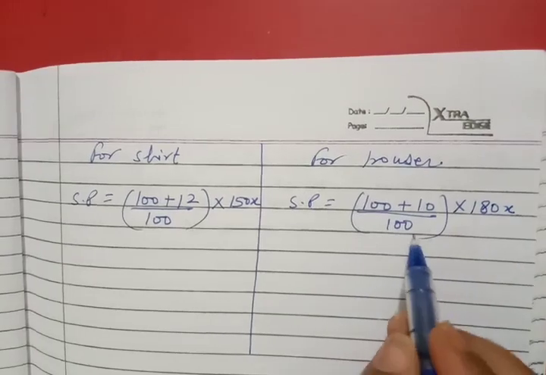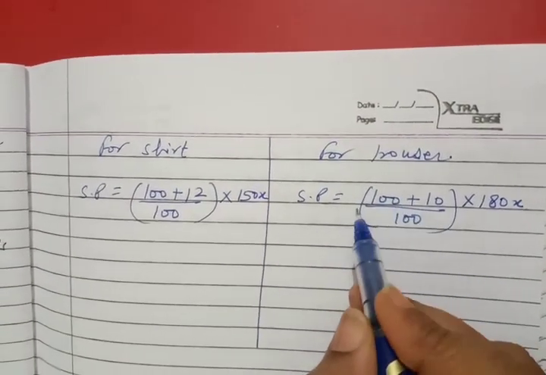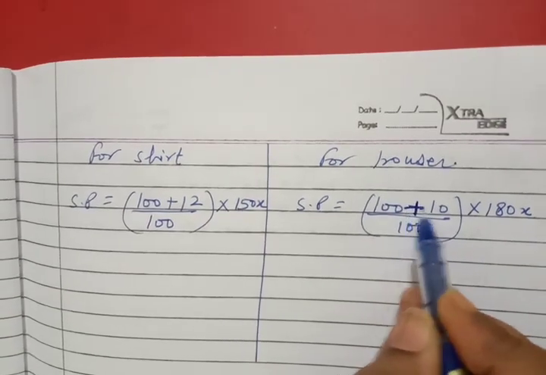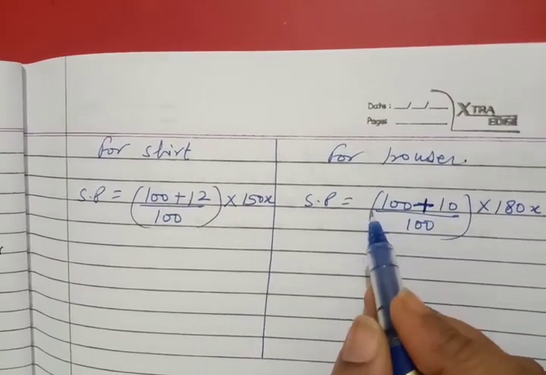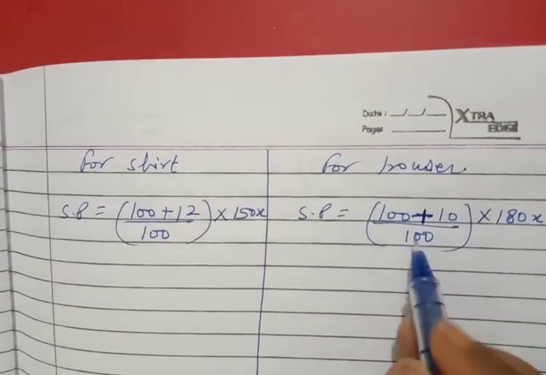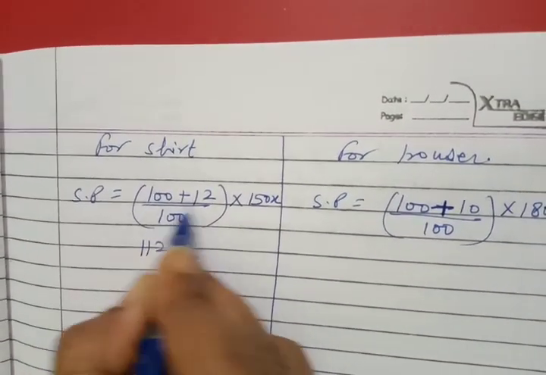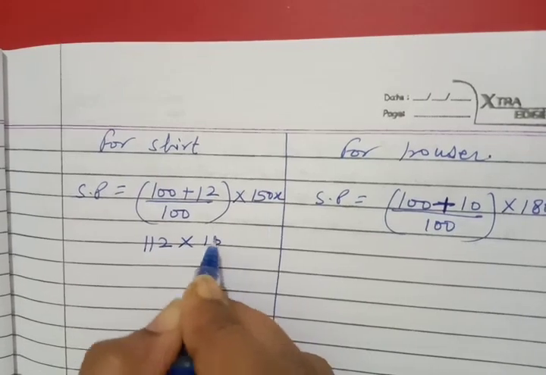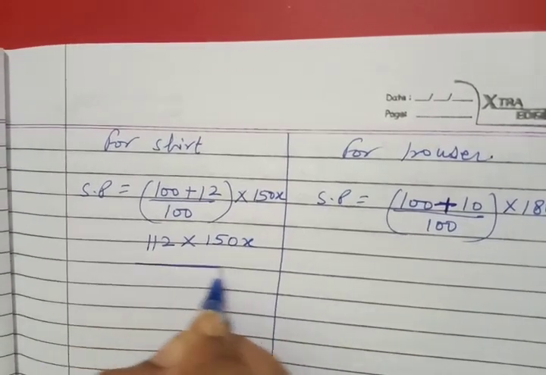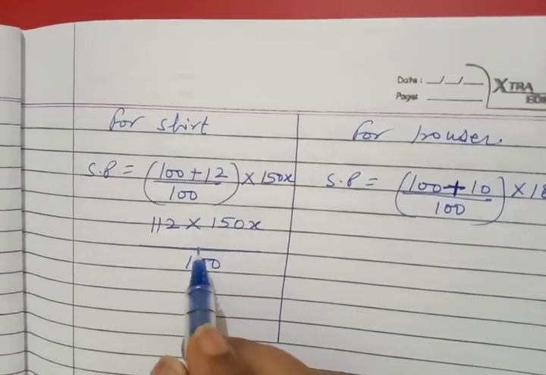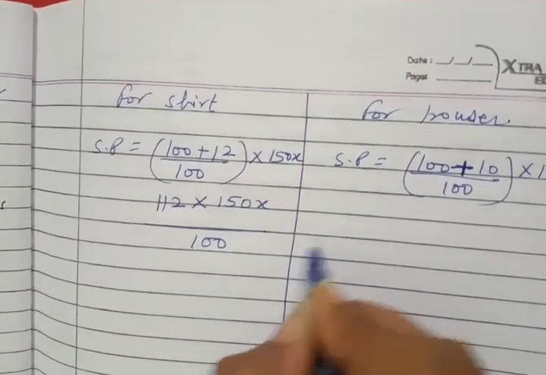Generally students cancel this 100 with 100. When plus is there in the numerator, we cannot cancel this 100 with 100. First we will add and then we'll cancel. Just see here. First we'll add, it is 112 into 150x upon 100. Now we can cancel because everything is in multiplication and division.